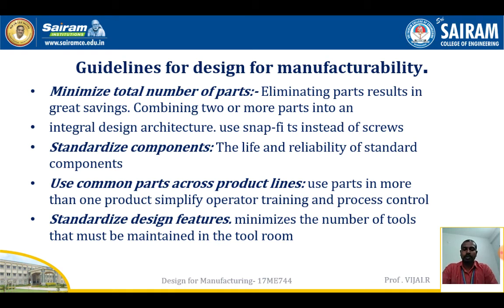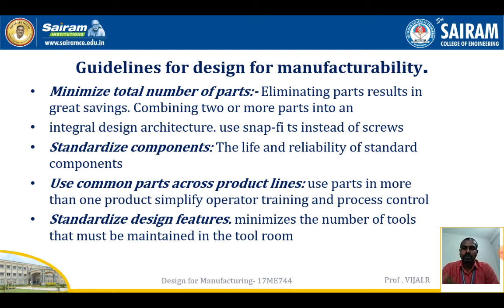Use common parts. What does that mean? One component, one product, simplifies operator training and process control. So use the parts in more than one product, the same component but different products. Like washers, you can see washers in different products, so you can use them.